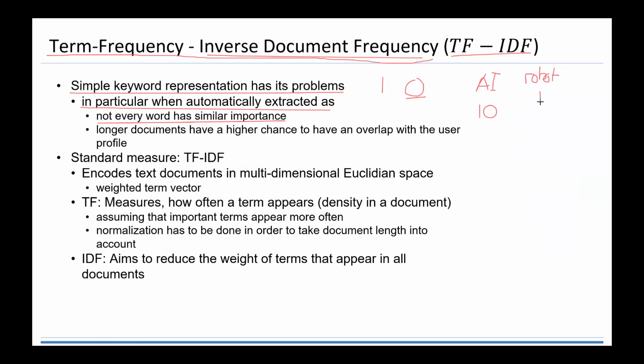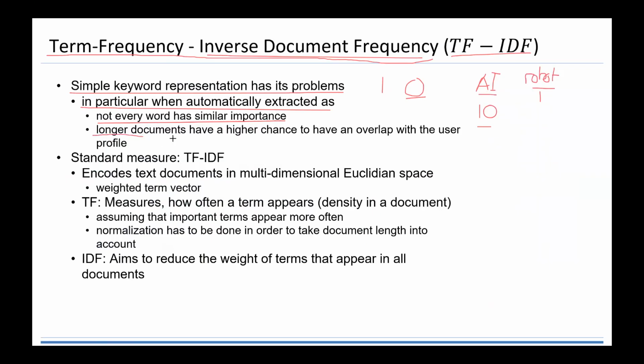Maybe the word robot appears only one time. Actually, there are many cases when robot is related with AI, but the frequencies are different. So we can use TF-IDF to make some kind of normalized values.